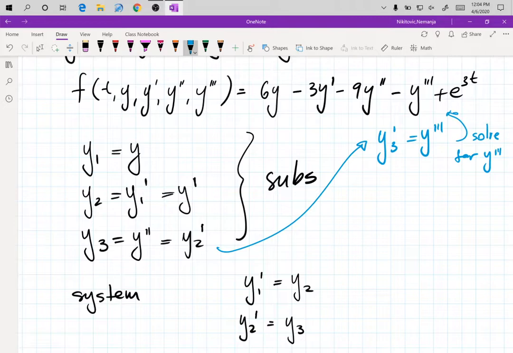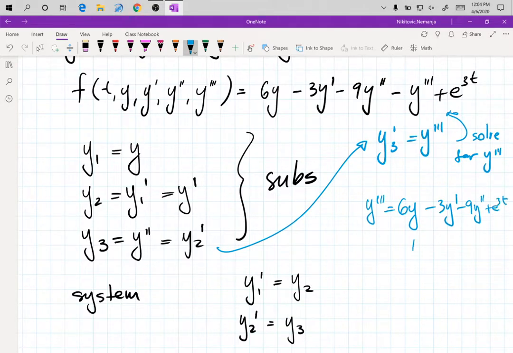So what is y triple prime equal to? Right, y triple prime is going to be on the left, and everything else stays on the right. So that's 6y minus 3y prime minus 9y double prime plus e to the 3t.